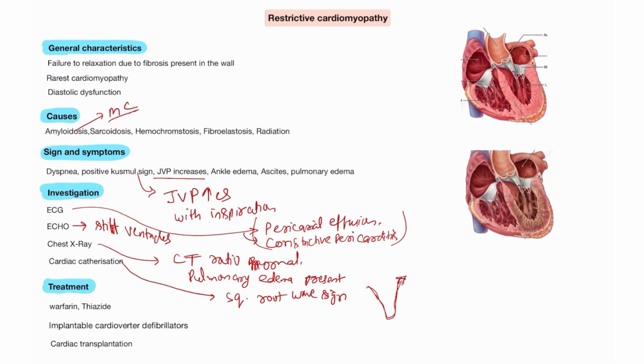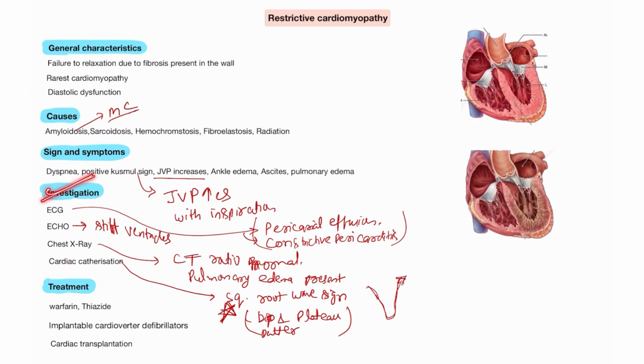This is also called the dip and plateau pattern in the diastolic waveform. This is very important: the square root sign is visible in the catheterization of a restrictive cardiomyopathy patient, also called the dip and plateau pattern in cardiac catheterization.